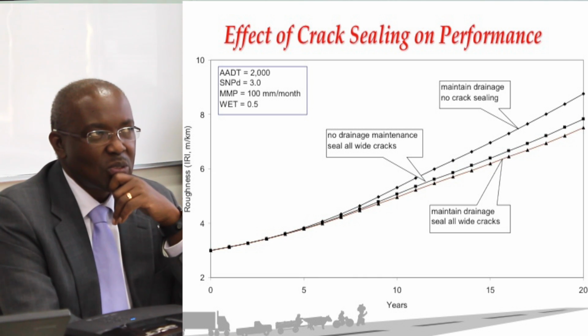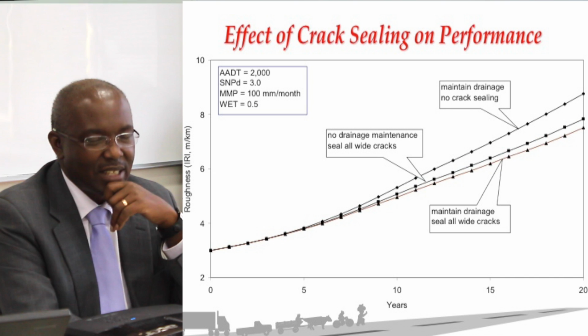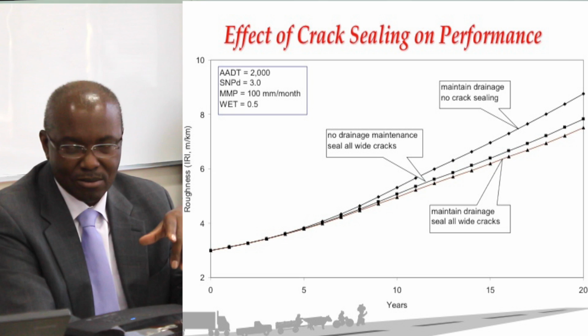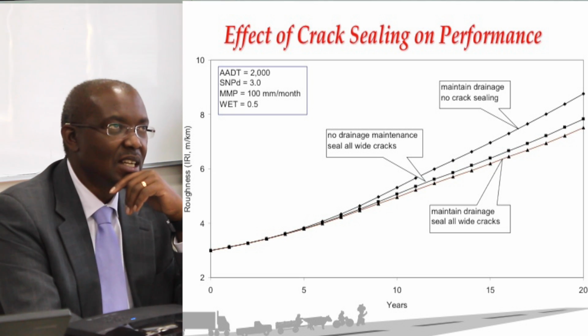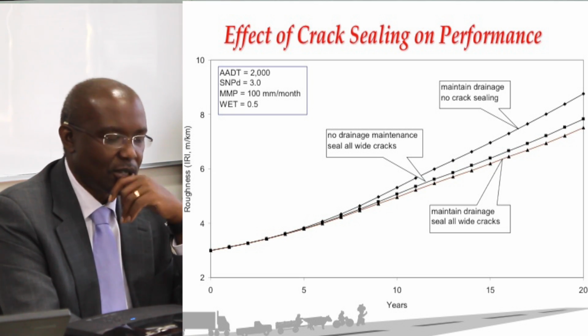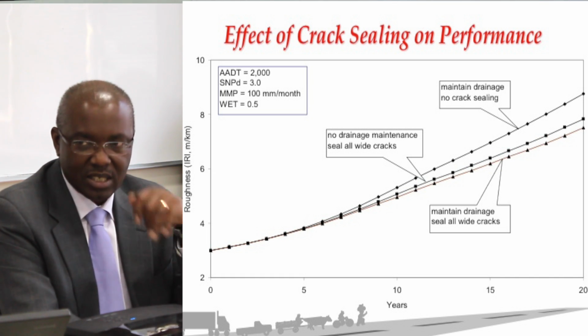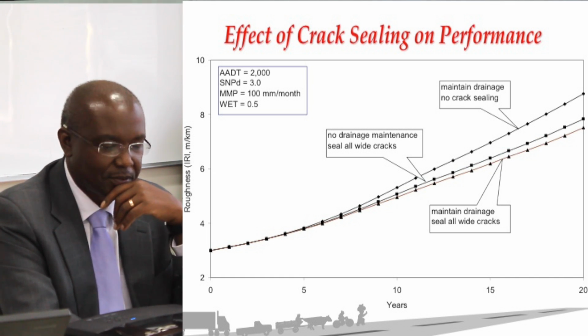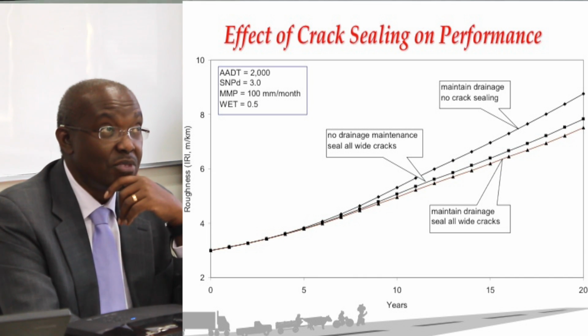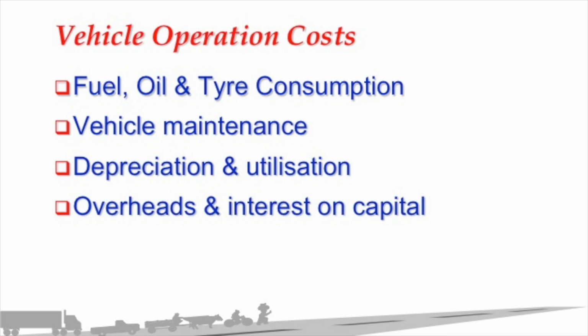Now, those were the costs of maintaining a road. We also need to estimate then the benefits to road users. Typical road user costs are vehicle operating costs, time costs, and accident costs. VOC is basically your fuel, oil, tires, vehicle maintenance, the depreciation and utilization, and of course any interest on capital for purchasing the vehicle or any parts.